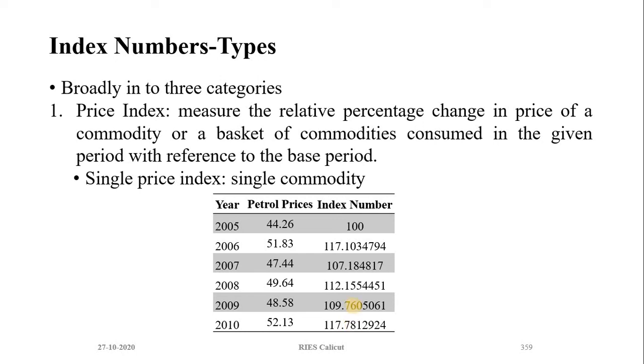Overall we can say that between 2005 and 2010, the price has increased to 117, or 17 percentage. 2005 to 2008, 12 percentage. 2005 to 2007, 7 percentage. In that way we can interpret this result.